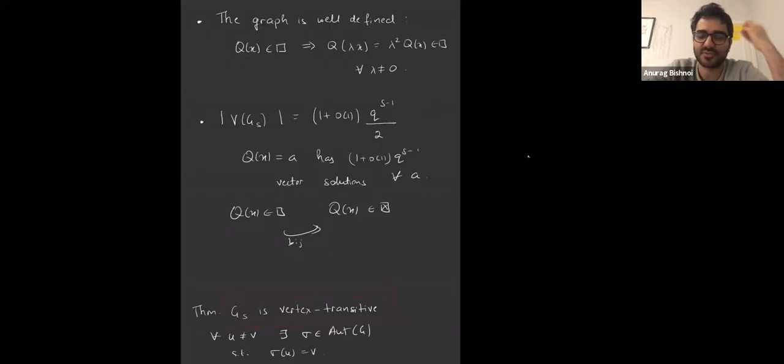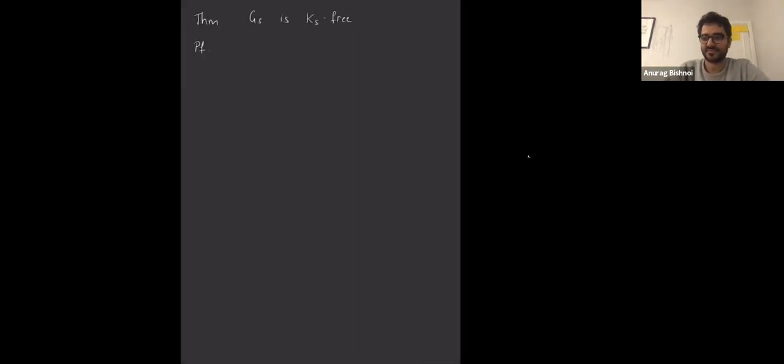Whenever you want to prove some property of this graph, just fix a nice vertex with nice coordinates, and then look at the neighborhood of that vertex to derive the local structure of the graph at any arbitrary vertex. That's how we're going to use it. So this lets you take, without loss of generality, some very nice looking point.